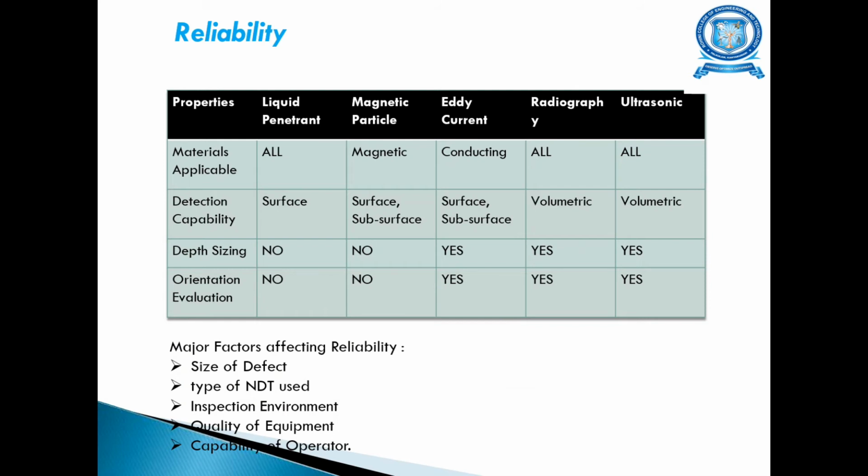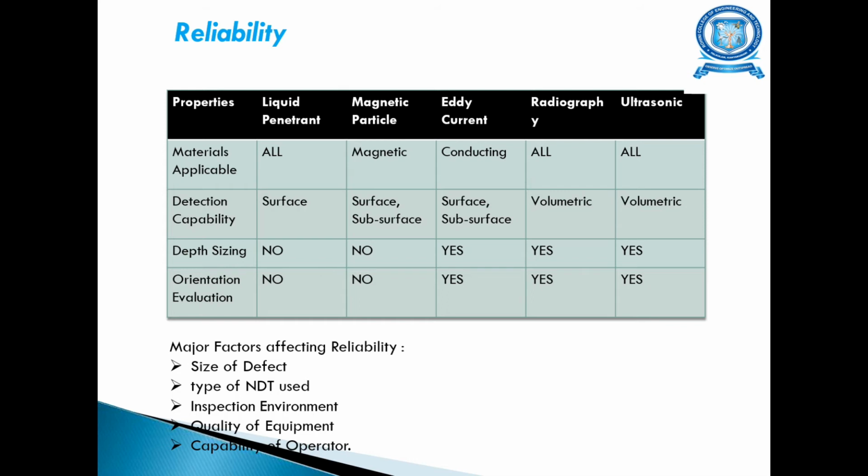So the properties, the materials applicable: in liquid penetrant testing you can perform the test on all sorts of materials, whereas in the magnetic particle testing, only magnetic components can be tested. Eddy current testing, you can test only current conducting materials. Radiography and ultrasonic testing, you can test all types of materials.